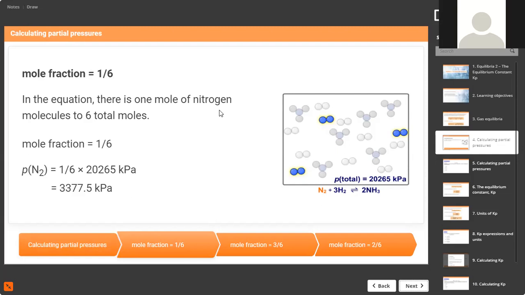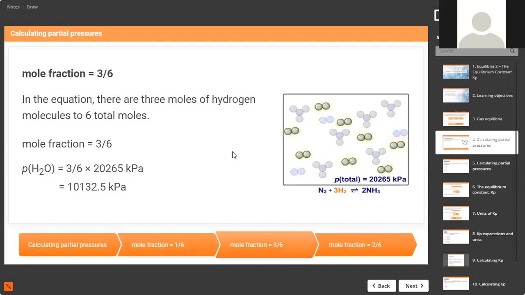And then to work out our partial pressure, we do 1/6 times our total pressure, which is 20,265 kilopascals, which would give us the partial pressure of nitrogen as 3,377.5 kilopascals.